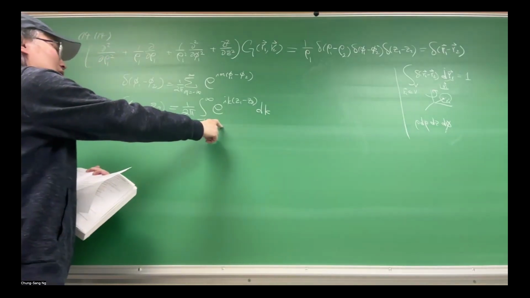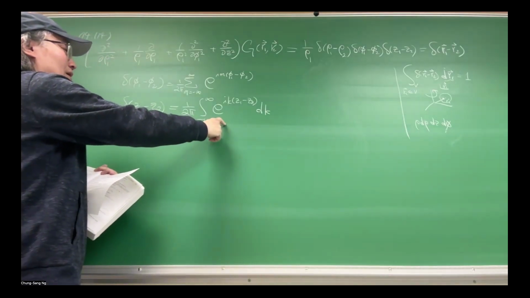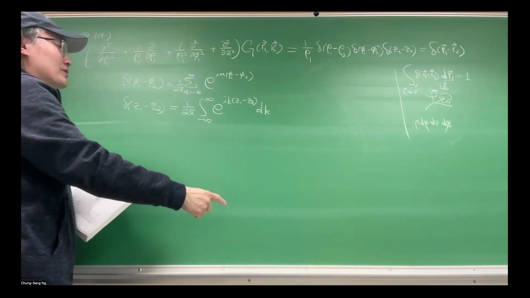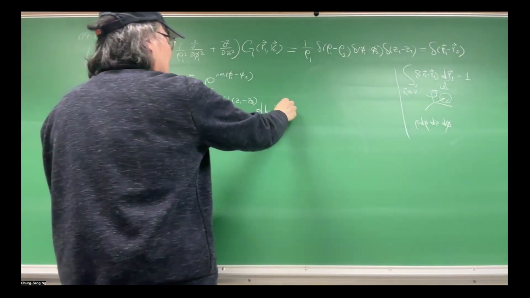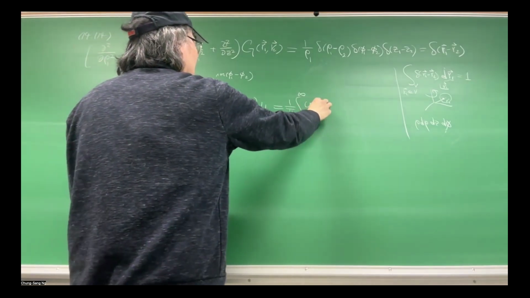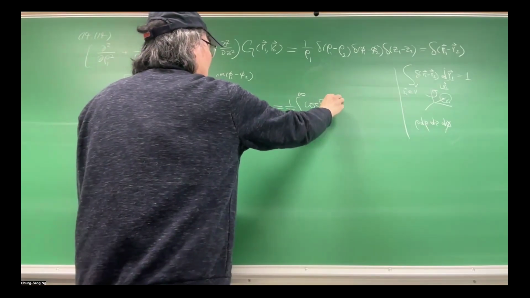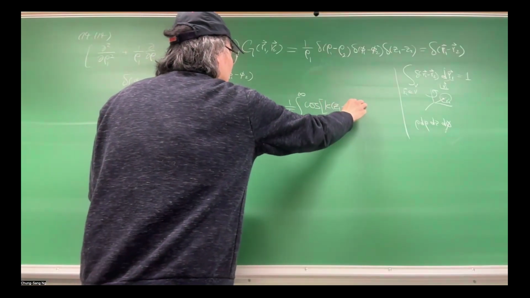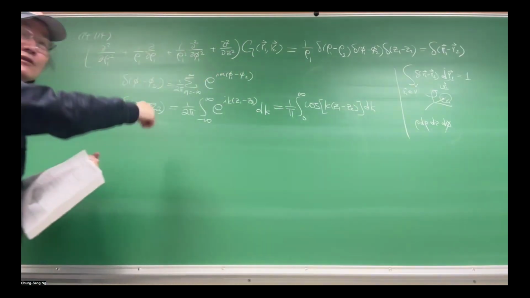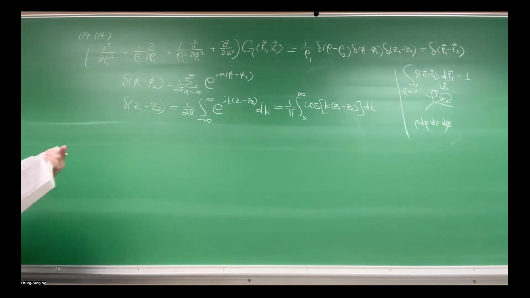You just keep the even function, integrate from 0 to infinity and multiply by a factor of 2. Okay, so that becomes 1 over pi, the integral from 0 to infinity of cosine of k (z 1 minus z 2) dk. So that's just even and odd.